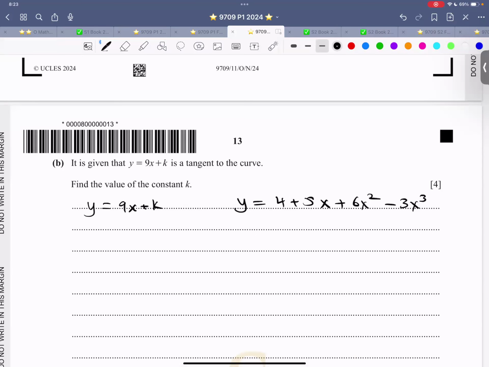Now this is question number 9. It says it is tangent to the curve. So the gradient from here is 9. And if I differentiate over here, dy by dx, which was already done, is 5 plus 12x minus 9x squared.